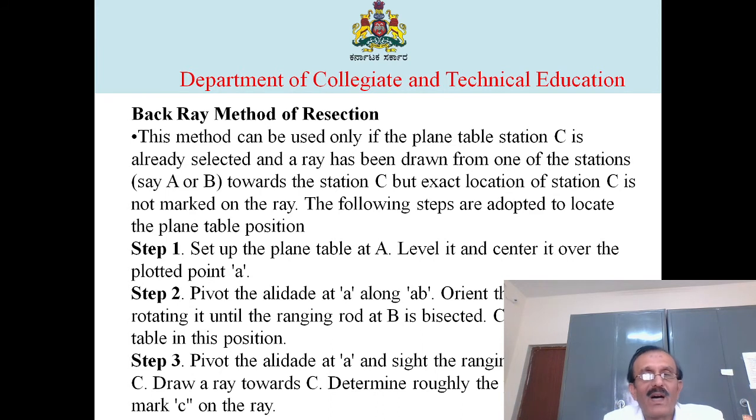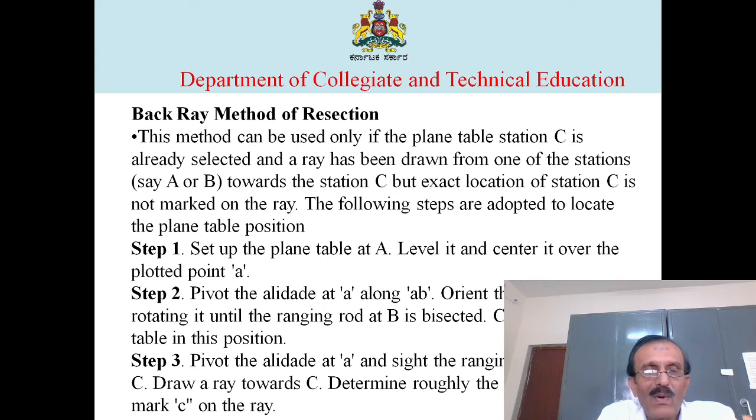Back ray method of resection. This method can be used only if the plane table station C is already selected and a ray has been drawn from one of the stations, either A or B, towards the station C, but the exact location of C is not marked on the ray. The following steps are adopted to locate the plane table position. Step 1, set up the plane table at A, level it and center it over the plotted point A. Step 2, pivot the alidade at A along AB.